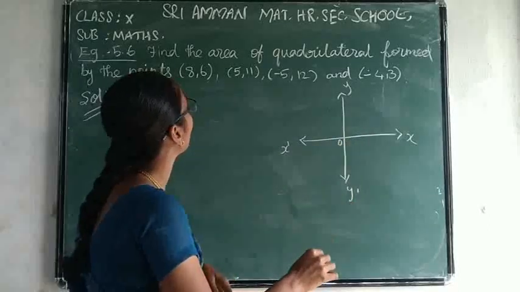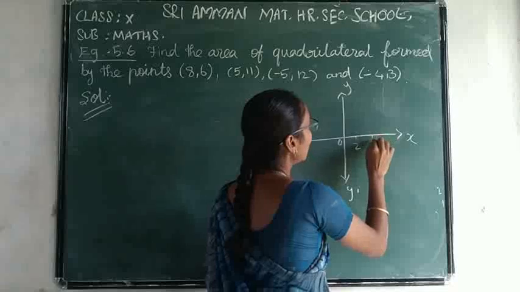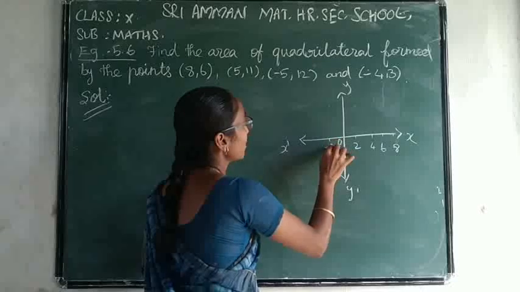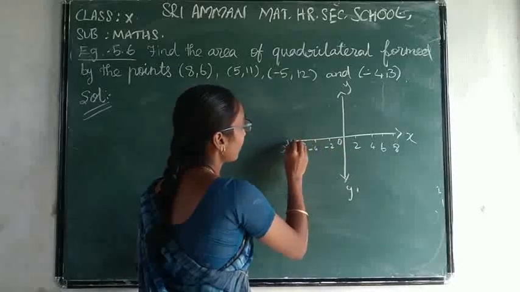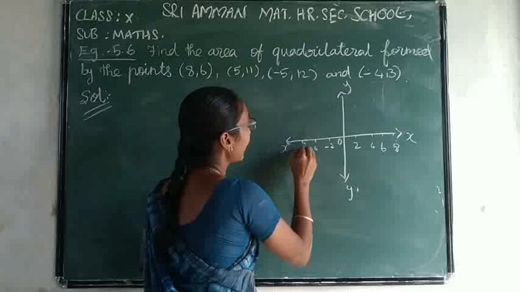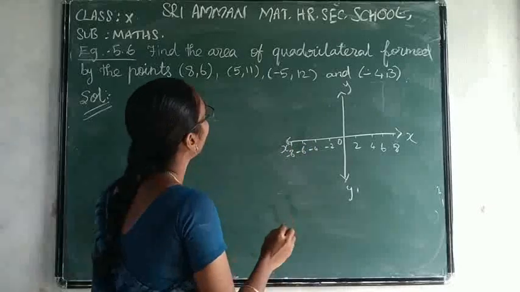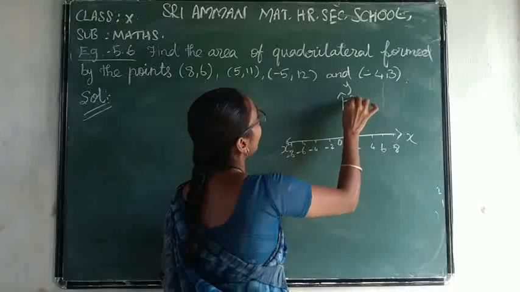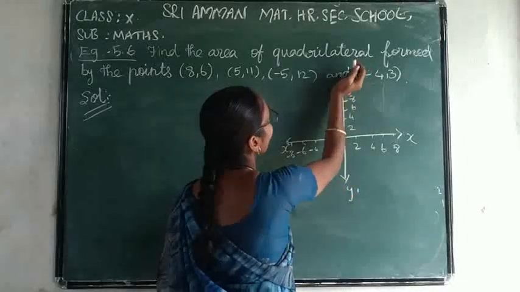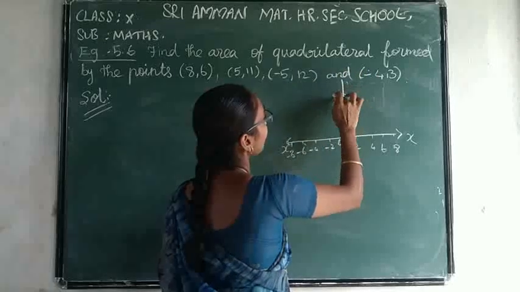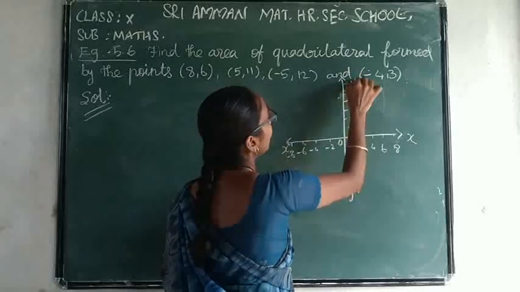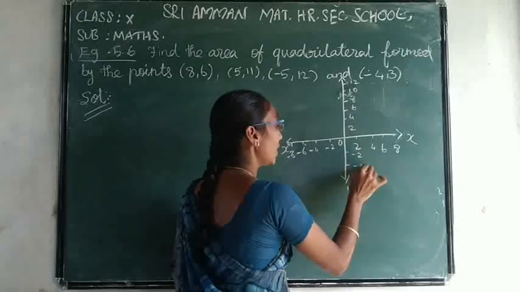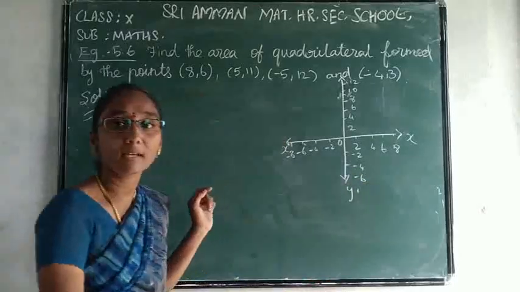I have taken 2 units: 2, 4, 6, 8, minus 2, minus 4, minus 6, minus 8, and on the y-axis 2, 4, 6, 8, 10, 12, and also minus 2, minus 4, minus 6.